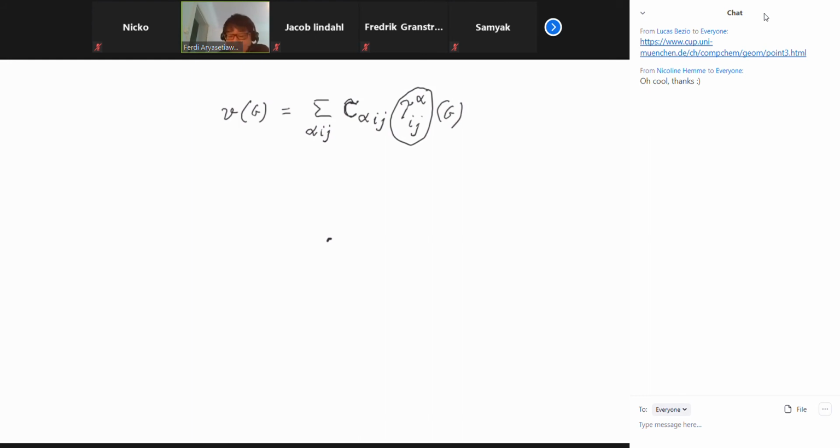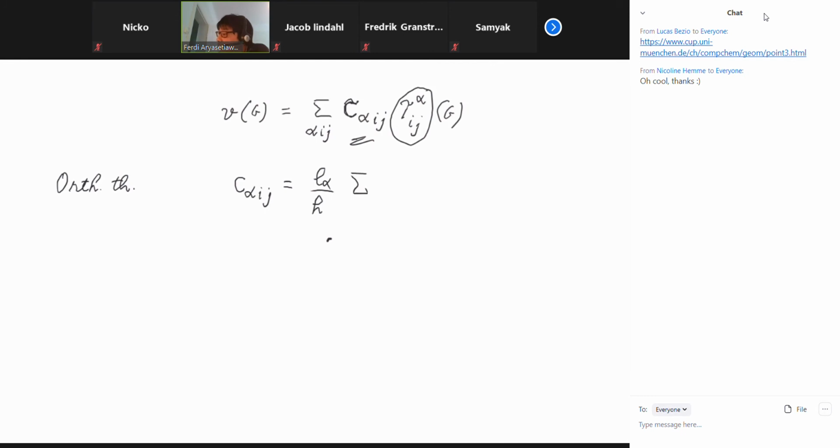Now from the orthogonality theorem, we can work out these coefficients.